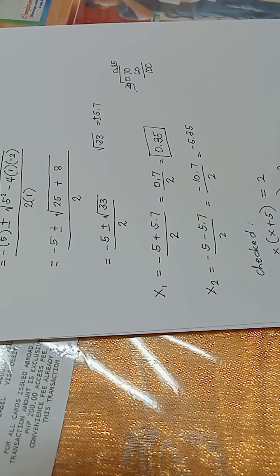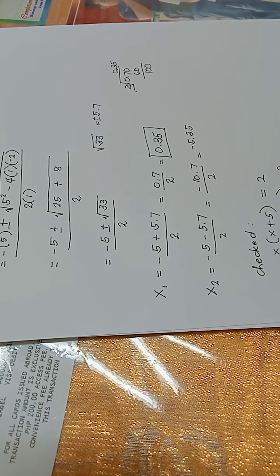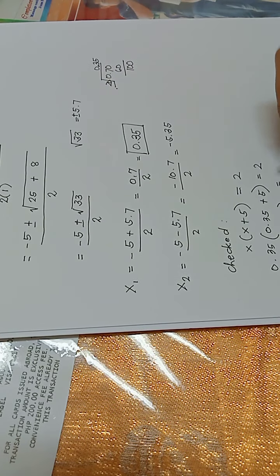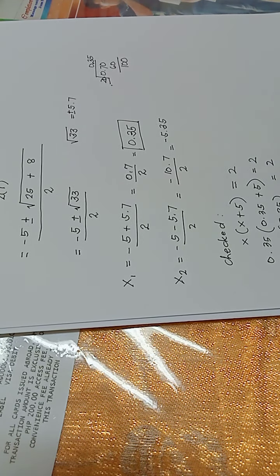So, bring down 0.35. 0.35 plus 5 is 5.35, equals 2. Now, let's multiply 0.35 times 5.35.